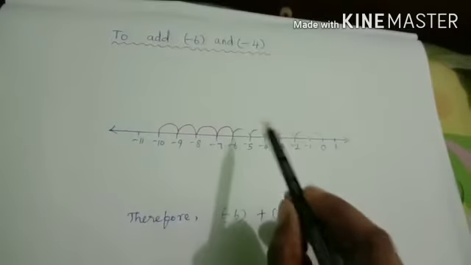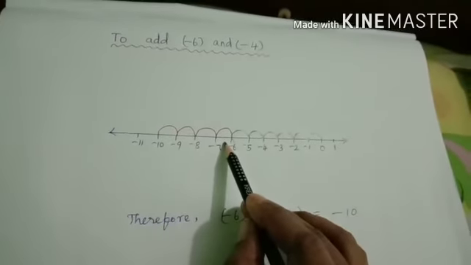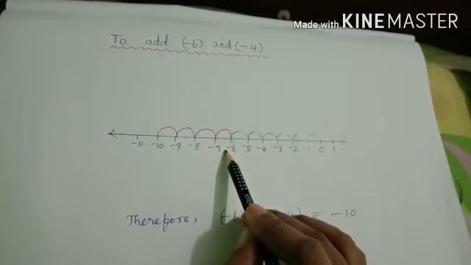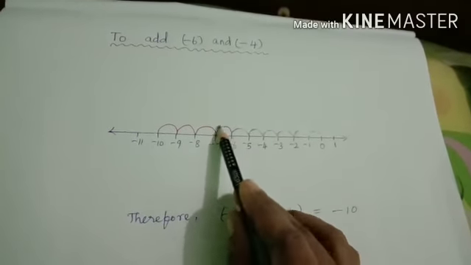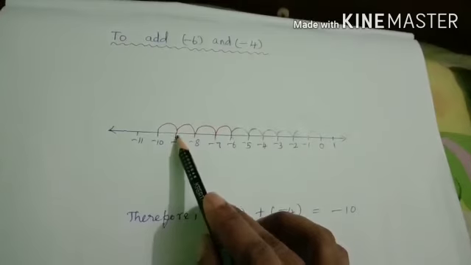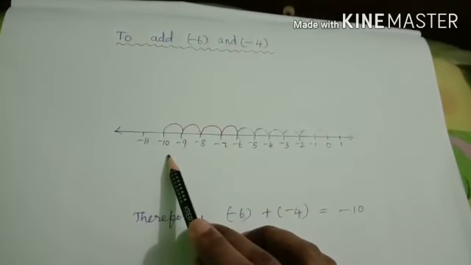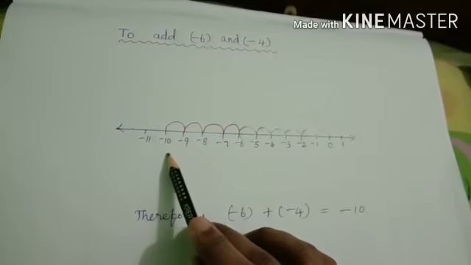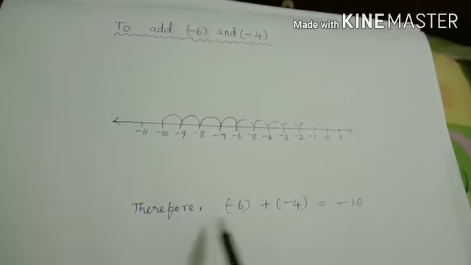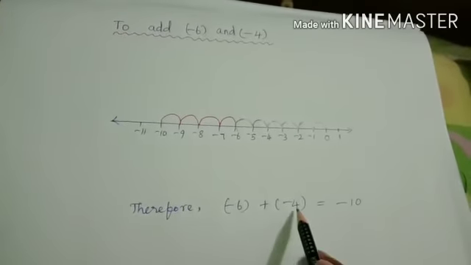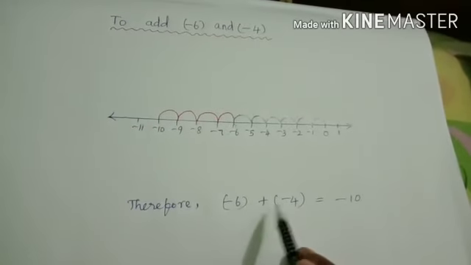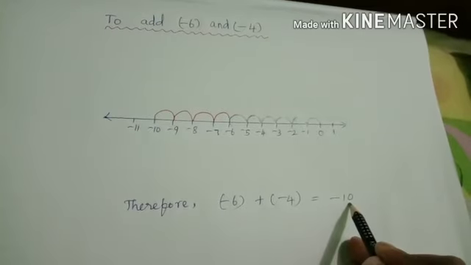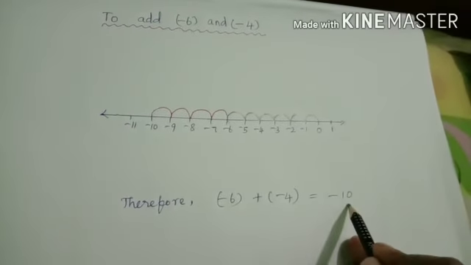So again we have to move 4 steps backward from -6 to represent -4. That is 1, 2, 3, 4. Now finally we land at -10. Therefore, -6 plus -4, adding two negative integers, we get a negative integer, that is -10.